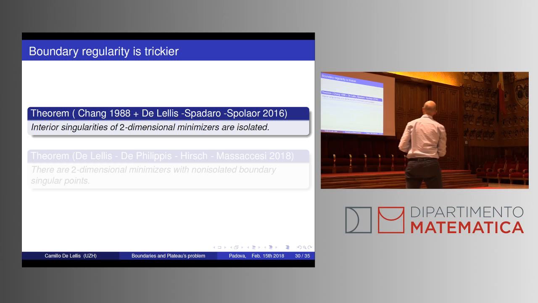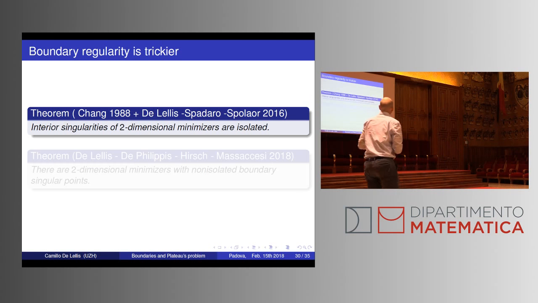Now, this is a theorem which was claimed by Chang in 1988, and in fact, he provided a correct proof, but a correct proof which was missing one ingredient. So if you literally read the paper of Chang, it would tell you: here there's an 80-page proof, but you should read the 1,700 pages of Almgren, redo it in a way, and after you have redone it, you start with my proof and I complete.